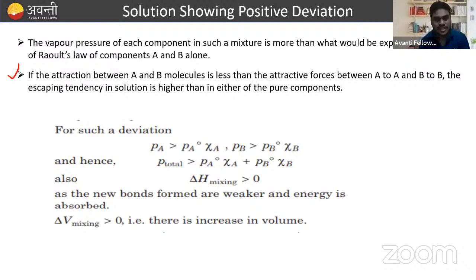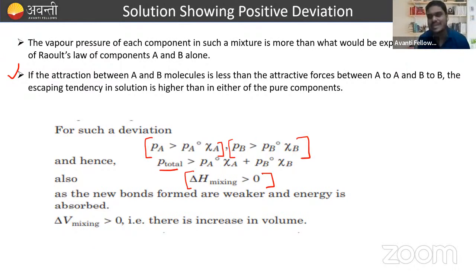And for such deviation, PA is greater than P naught A XA and PB is greater than P naught B into XB. Or we can say that total pressure is greater than P naught A XA plus P naught B XB. Here, delta H of mixing is greater than 0, as the new bonds formed are weaker and energy is absorbed, and delta V of mixing is also greater than 0.